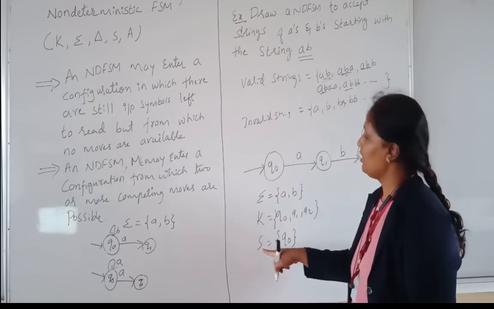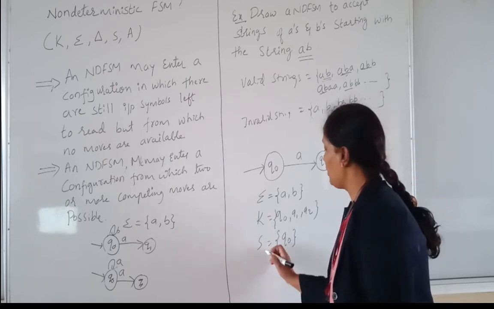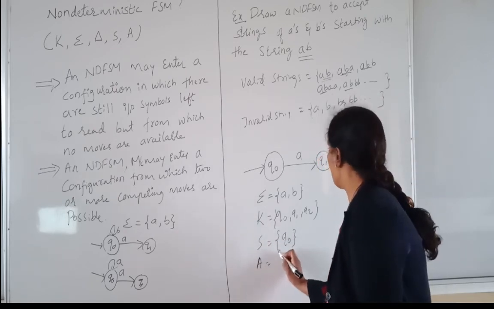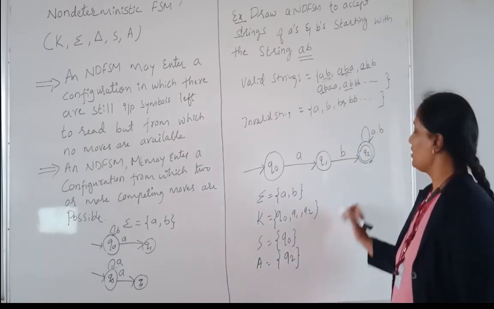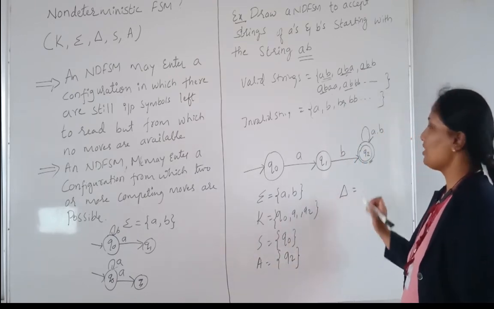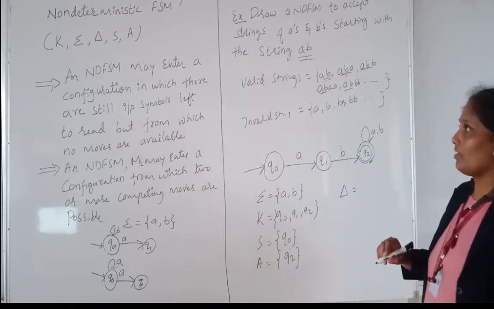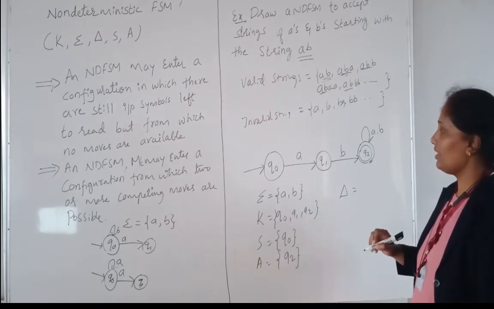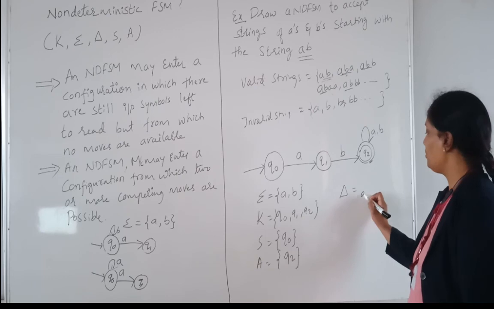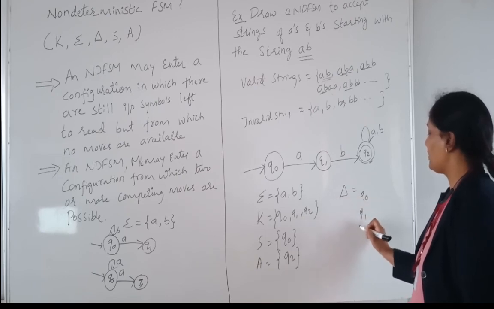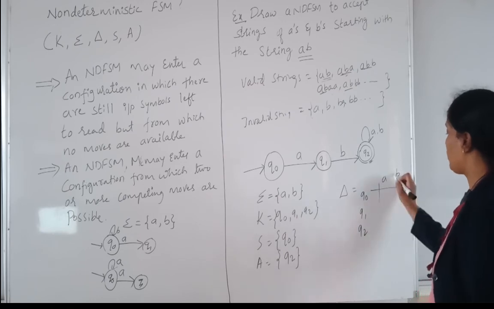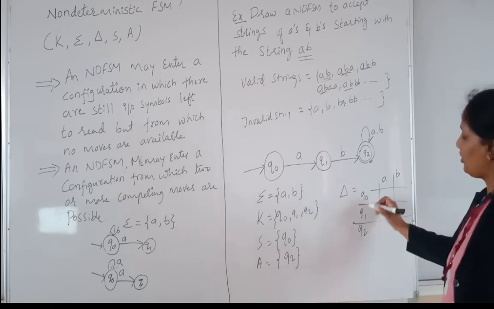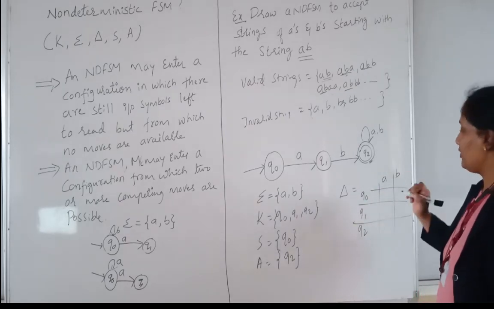Next, what is the accepting state here? The accepting state is Q2. Next, delta is the transition function. We take the transitions by considering states as row values and alphabets as column values. So I will write the alphabets as column values and Q0, Q1, Q2 as the row values.